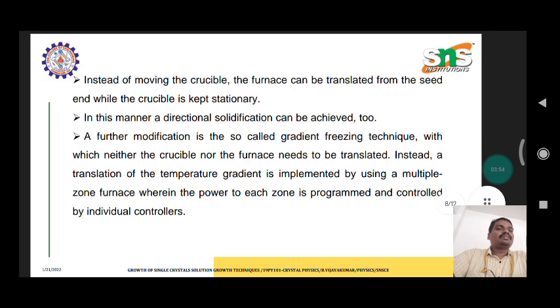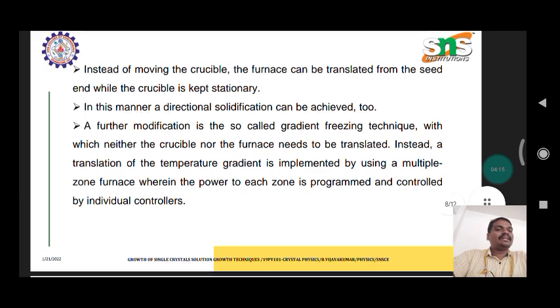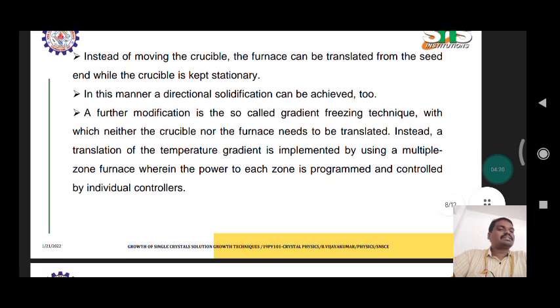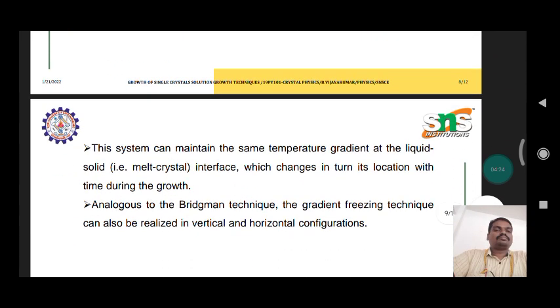Instead of moving the crucible, the furnace can be translated from the seed end while the crucible is kept stationary. A further modification is the so-called gradient freezing technique, with which neither the crucible nor the furnace needs to be translated. Instead, a translation of a temperature gradient is implemented by using a multiple zone furnace wherein the power of each zone is controlled.